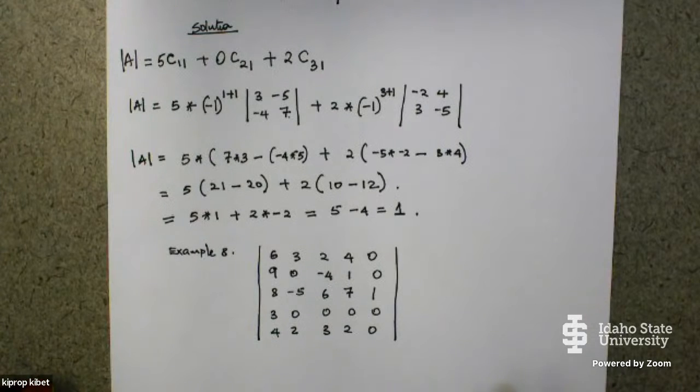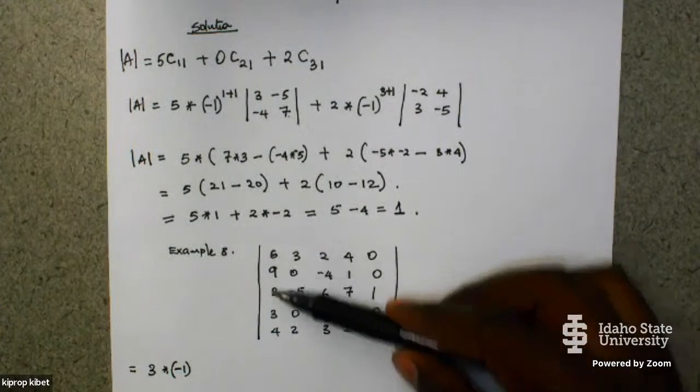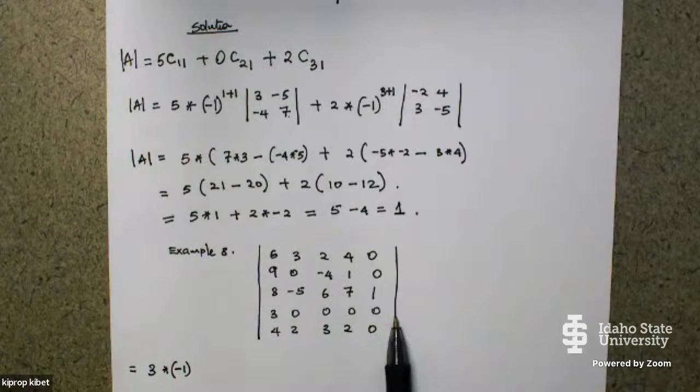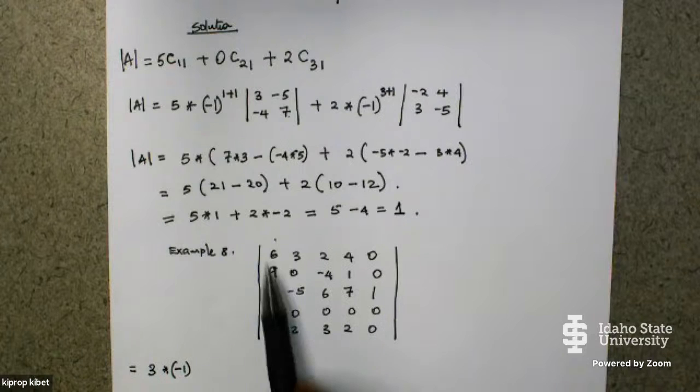So using the cofactors, the determinant will be equal to 3. And then using the cofactors method, this is -1. We are deleting the fourth row and the first column.